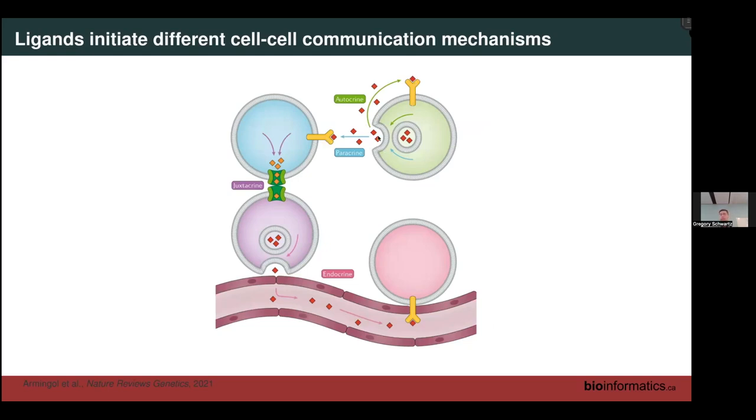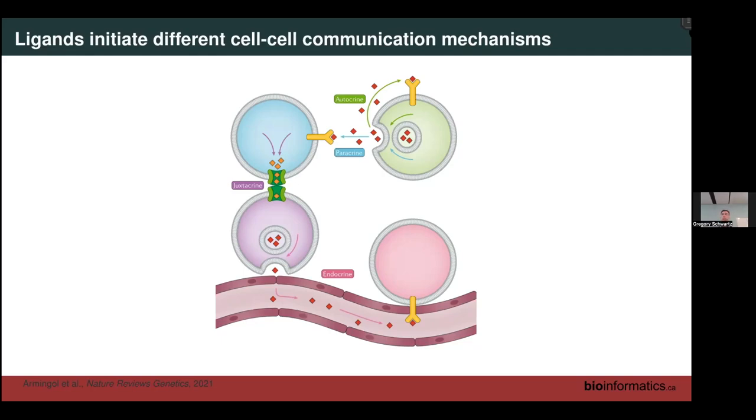There's paracrine, where the ligand can travel a short distance and bind to the receiver cell a short distance away. There's juxtacrine, where there has to be direct cell-cell contact. And endocrine, where the ligand can travel through the endocrine system a very far distance away within the body. Usually this is through hormones.